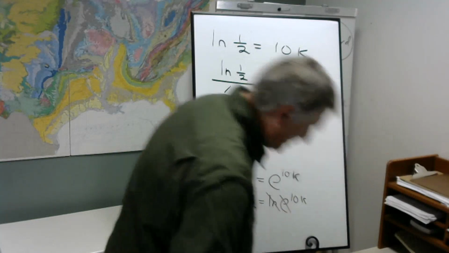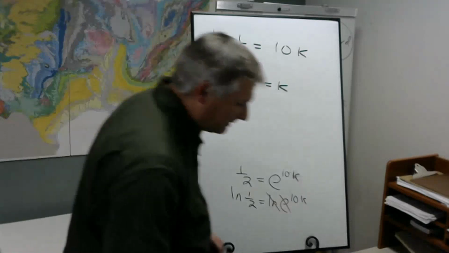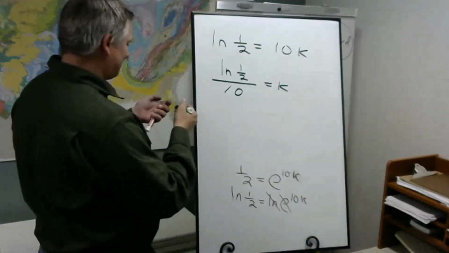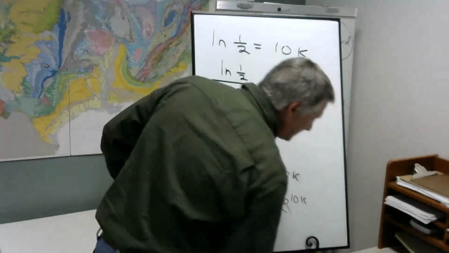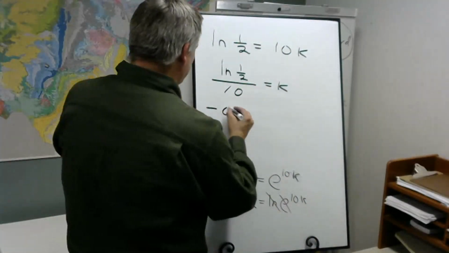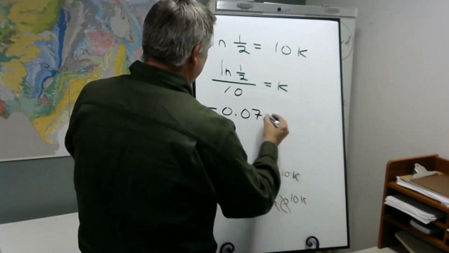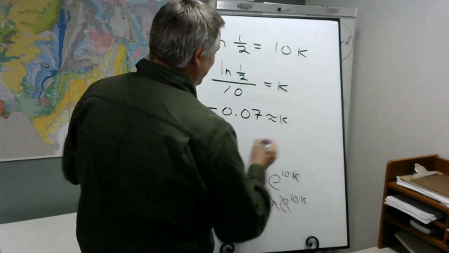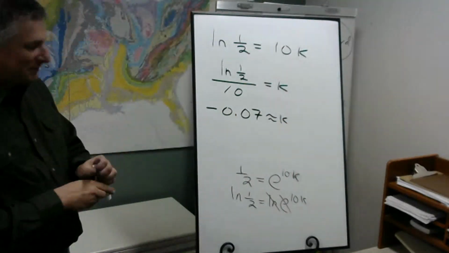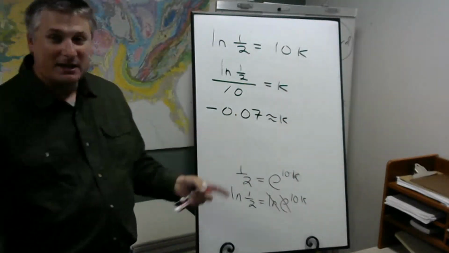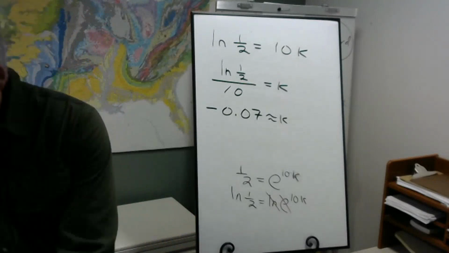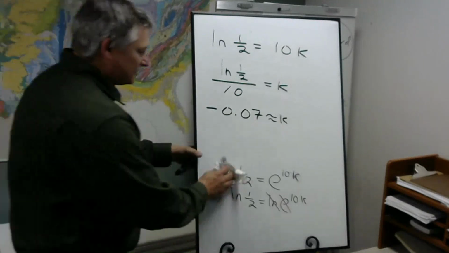Let's see, it doesn't say. Well, we'll go to the second decimal place here. So for me, that's going to come out to negative 0.07 is approximately k. So we got a negative k. That's a good sign.